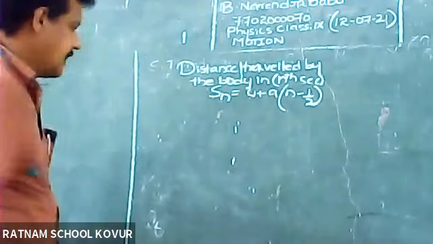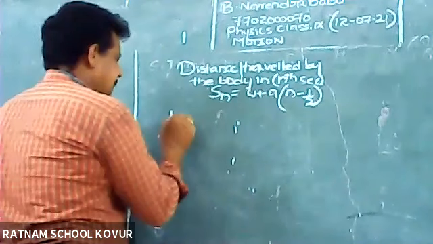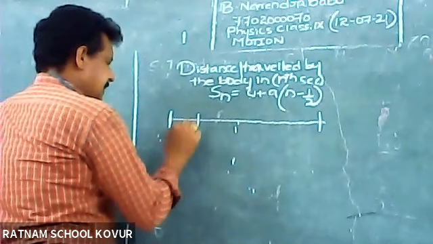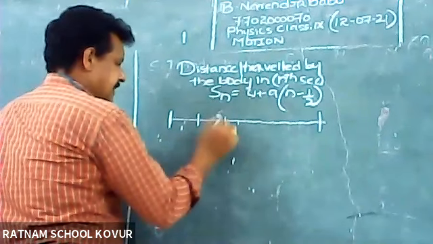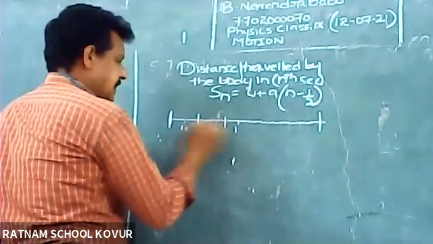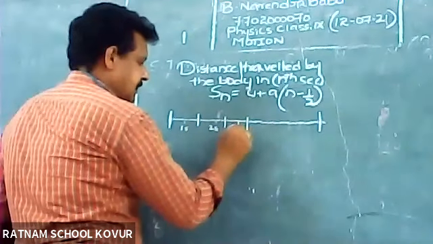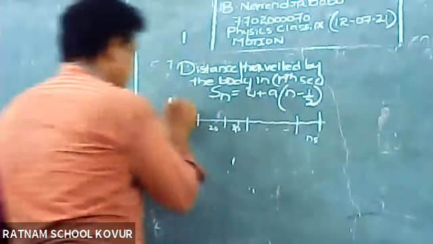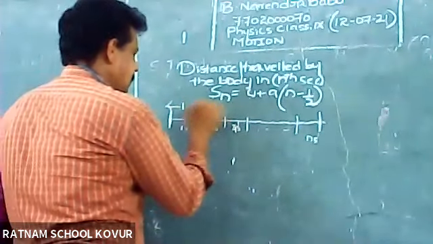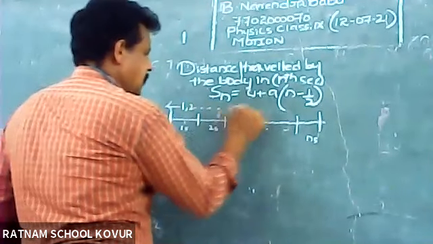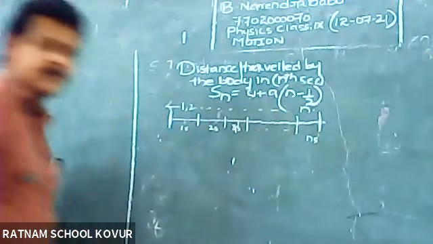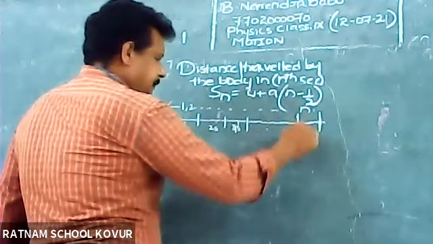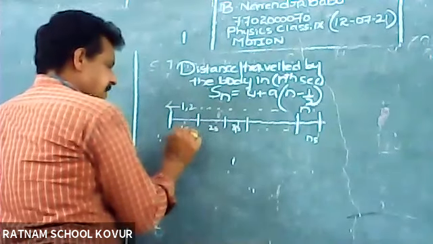Now consider one object that has traveled a distance. For the first second it is 1, then 2 seconds, 3 seconds, up to n seconds.